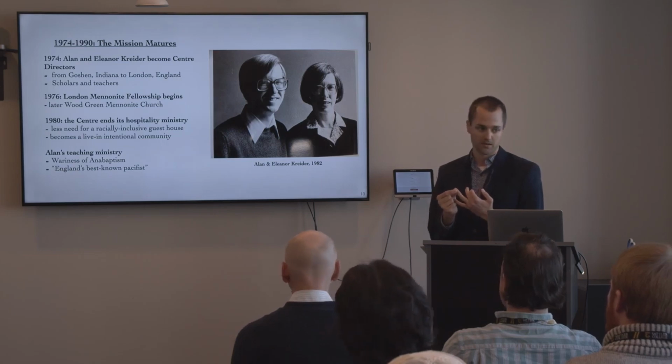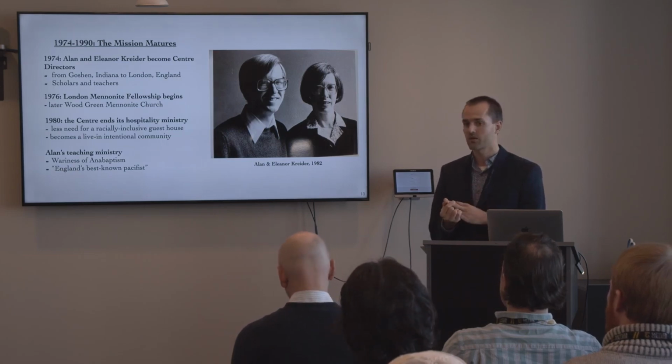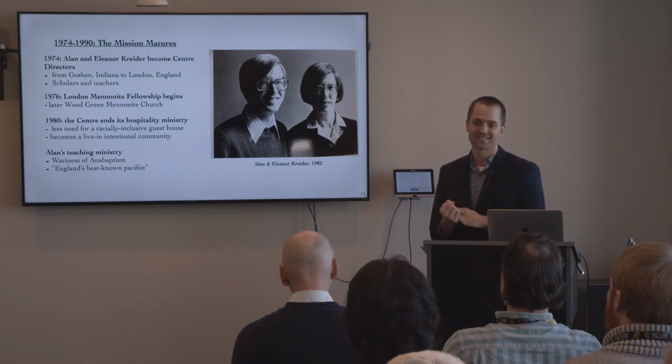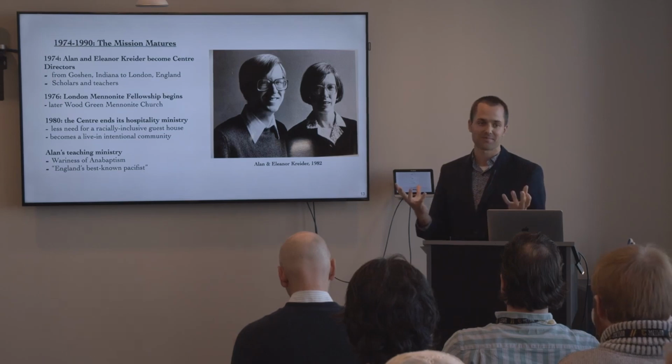Derogatory terms even. This didn't change until in the early 1980s, and Alan eventually became known as, quote, England's best known pacifist, and was called to different places to teach an Anabaptist view of theological topics.